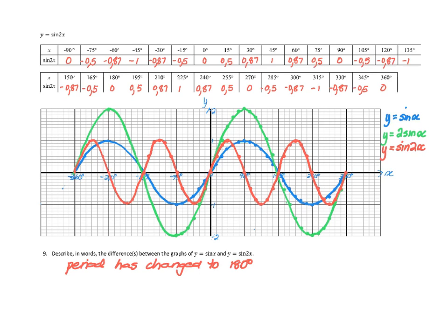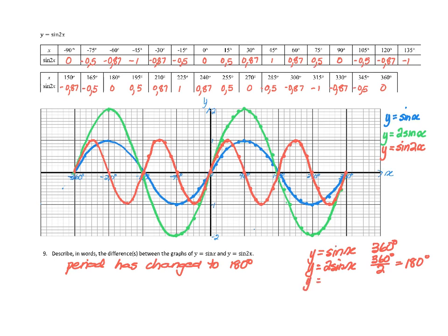It isn't an accident. The function y equal to sine x has a period of 360 degrees, and if you have y equal to 2 sine x, you will have a period of 360 degrees divided by 2, which is 180 degrees, because you're doubling the angle before you find the trig ratio.